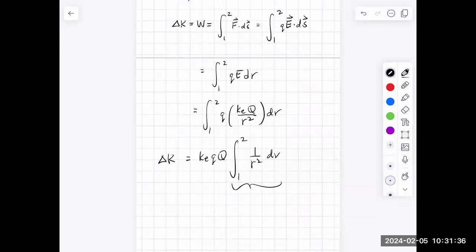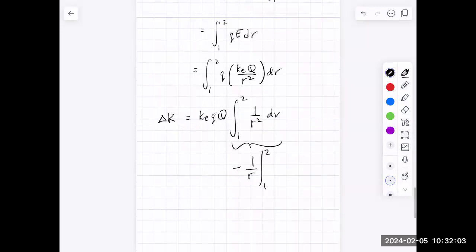So our current power is -2. After the integration, we'll have r to the -1. We raise the power by 1 and then divide by it, so we have to divide by -1, which introduces a negative sign. And then we have to evaluate between our limits. Our initial position is our starting point, and our 2 is our final position, our ending point.